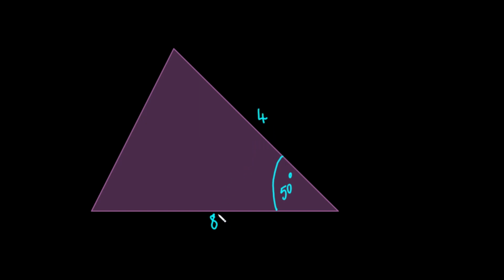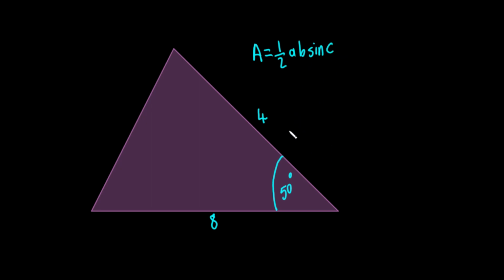Then we know from what we have just done that we can find the area of this triangle, because we've got the two lengths and the angle which is generated via these lengths. So the area is going to be equal to a half of a times b times the sine of angle C.